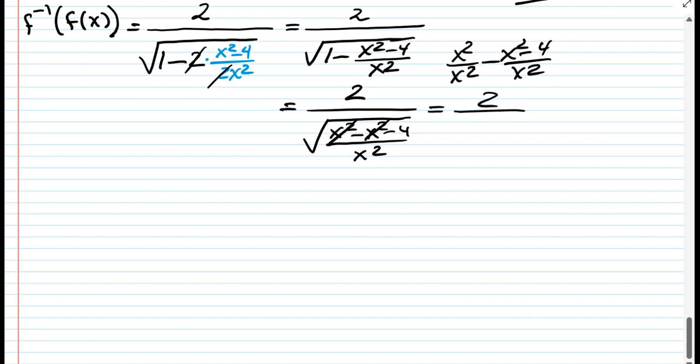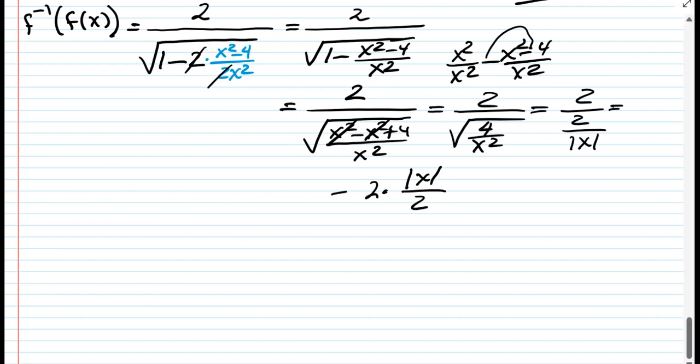Now I have 2 divided by square root of. Oh, and I'm subtracting, so this is positive, right? Because I have negative of negative 4 makes positive 4. And so this is just going to give me 4 over x squared, which we can take the square root of 4. It's going to be 2, square root of x squared is going to be absolute value of x. Invert and multiply: 2 times absolute value of x over 2. And that's just absolute value of x.